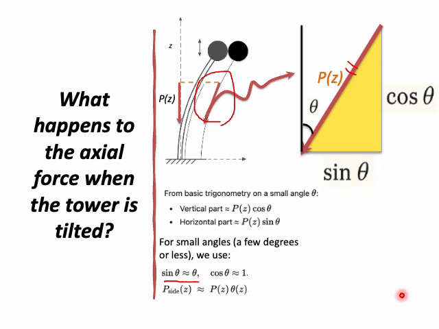P side is approximated by the multiplication of axial force and tilt angle theta. From the previous slide, we got the relationship between theta and the slope by this equation.